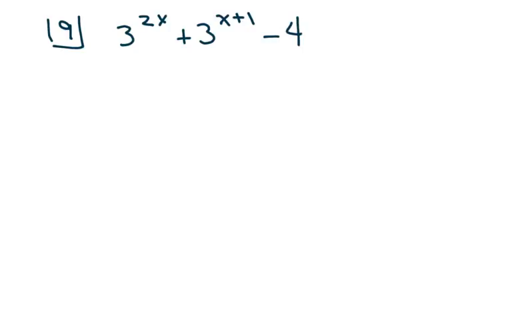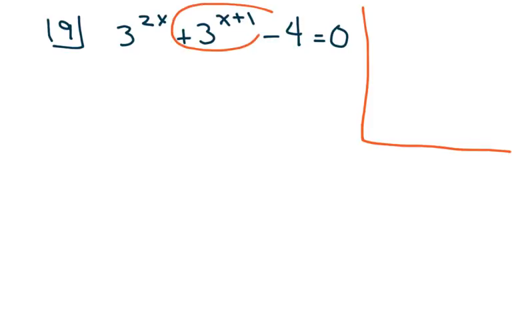Number 19, we have 3 to the 2x plus 3 to the x plus 1 minus 4 equals 0. Now, for a little side note, I'm going to do this on the side. This one right here is the same as saying 3 times 3 to the x.